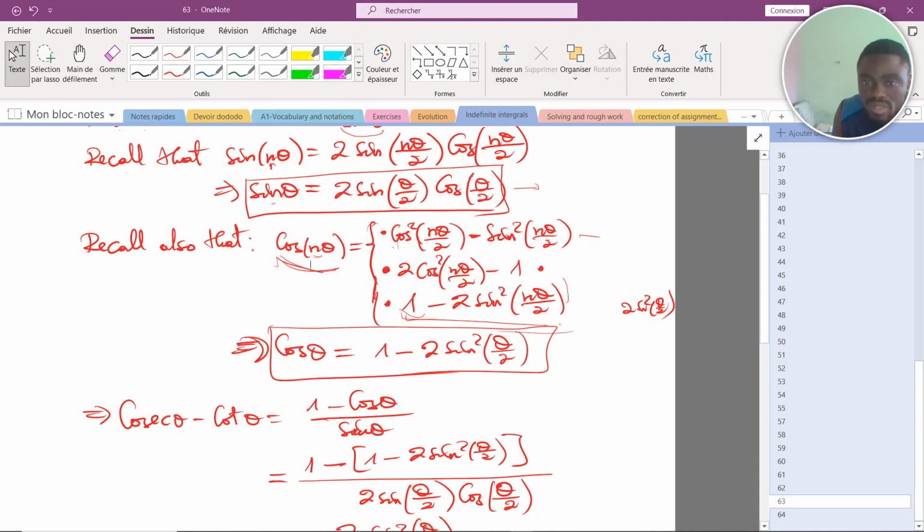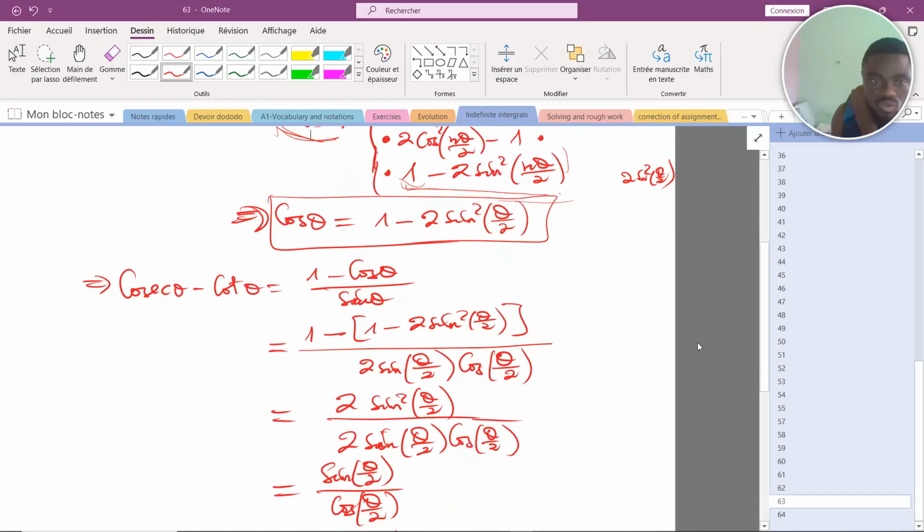I replace 1 here, and I will have 1 minus 2 sin²(θ/2). So where I see cos θ, I replace by this. So I'll have 1 minus this, all over 2 sin(θ/2) cos(θ/2), because this is sin θ. Is that okay?